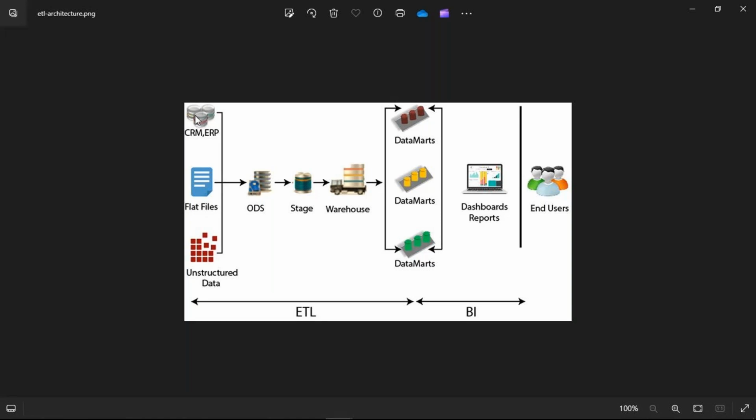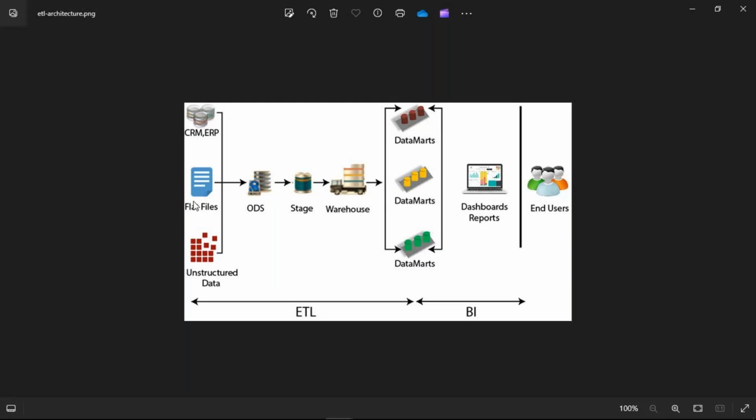Big data is a huge amount of data. All such data comes to us as a source, as an input to our ETL process, in the form of different sources: source 1, source 2, source 3.